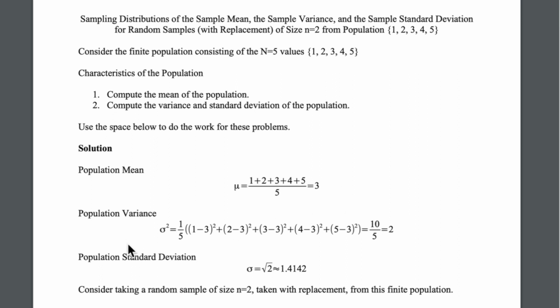Next, we're going to calculate the population variance. And the population variance will be denoted by sigma squared. And I'm going to use the definition formula for the variance of a finite population. The definition formula is equal to the average of the squared deviation of each value in the population from the mean of that population.